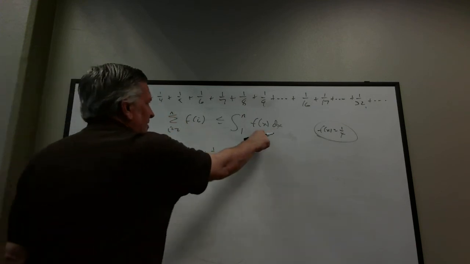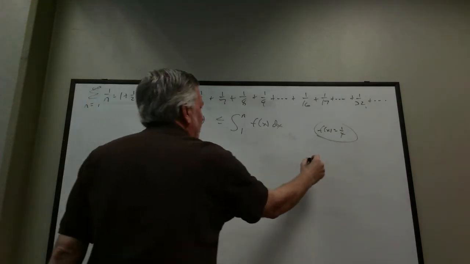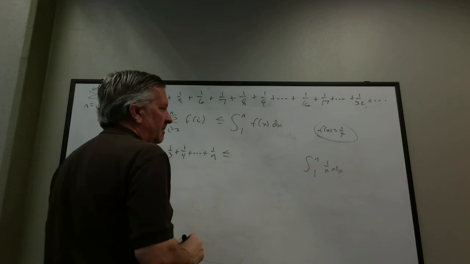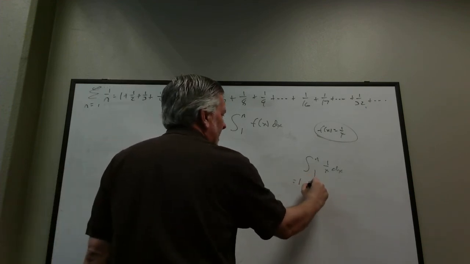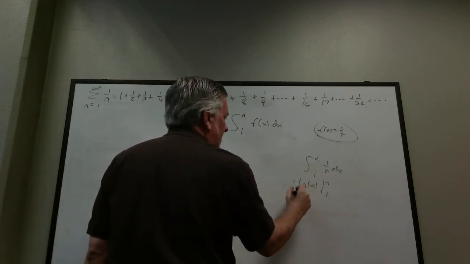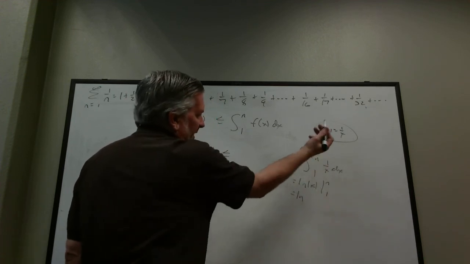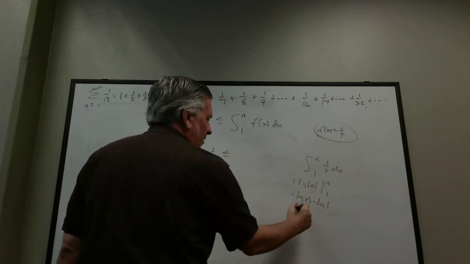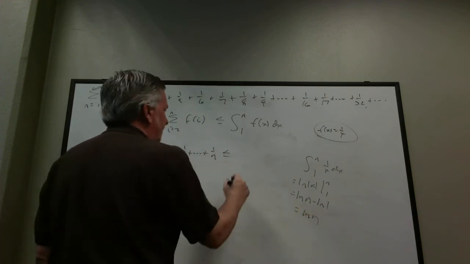And if f of x is 1 over x here, what's the integral from 1 to n of 1 over x dx? Well, that's natural log absolute value of x from 1 to n. And again, 1 and n are positive here, so that's natural log of n minus natural log of 1. The natural log of 1 is 0, so you get natural log of n.